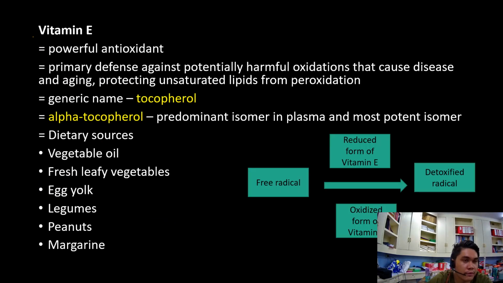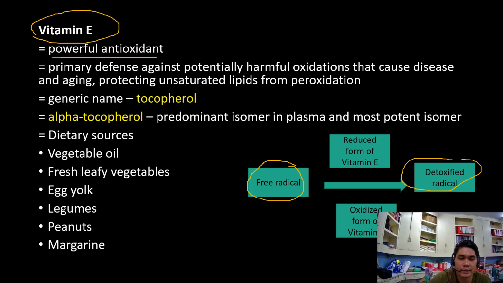Next, fat-soluble vitamin, you have your vitamin E, and it is a powerful antioxidant. The function of vitamin E is to convert free radicals to detoxified radicals. Free radical is harmful and detoxified radical is harmless.